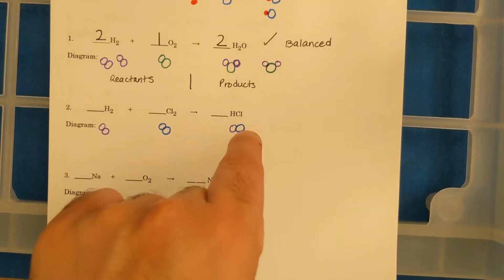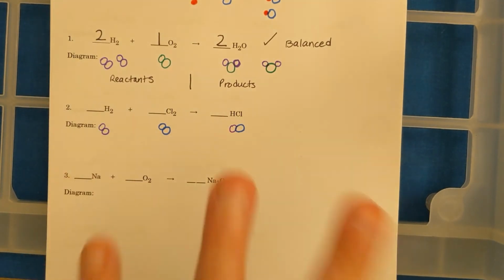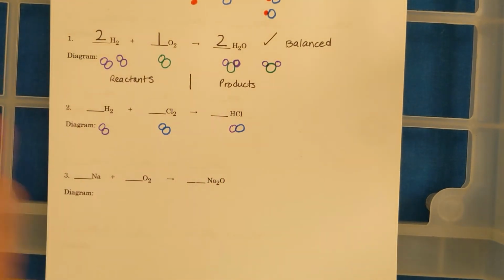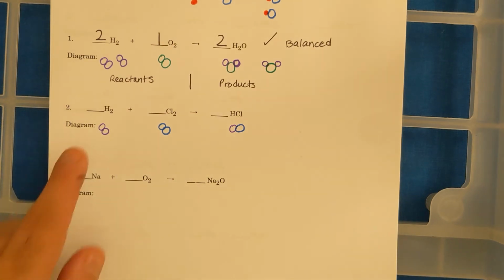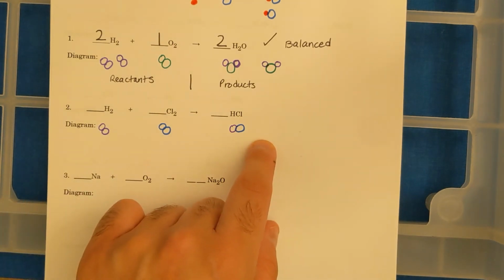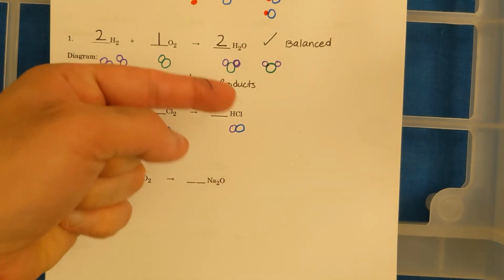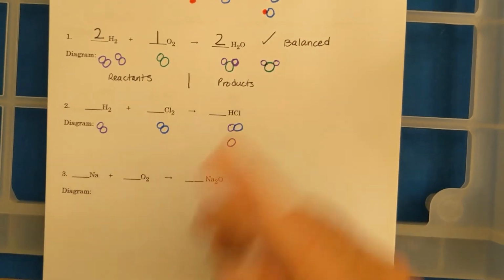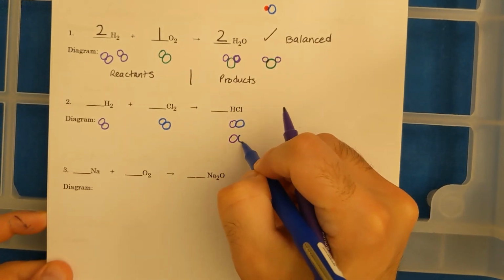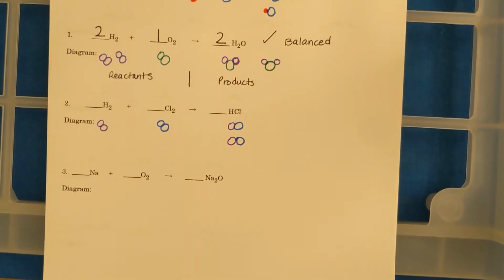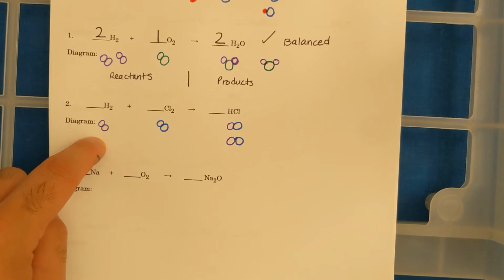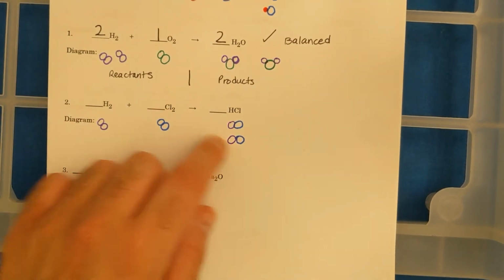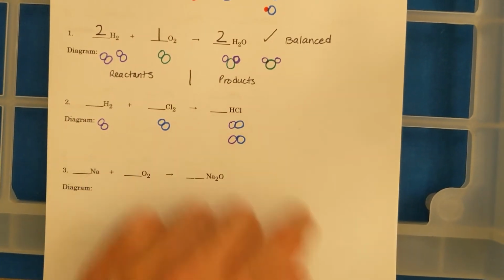I need 1 more H and 1 more Cl on this side in order for this to be balanced. So in order for me to get 2 H's on this side, or even 2 Cl's, I need another HCl. So I could draw that in. And now that's balanced. I have 2 H's on this side, 2 H's, 2 Cl's, 2 Cl's.